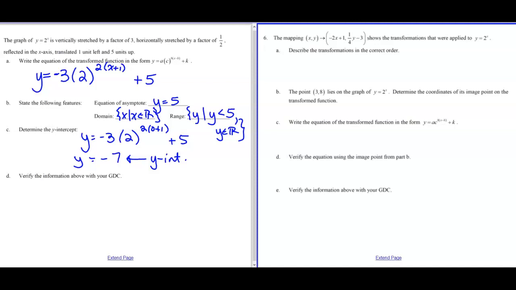Okay, so now mapping notation. Again, your base graph is y equals 2 to the x. So describe in the correct order. Remember, you write stretches first, then reflections, then translations.